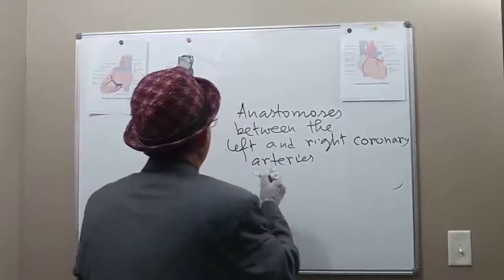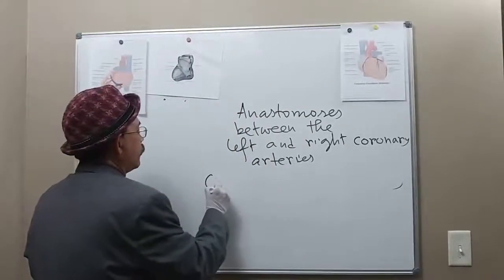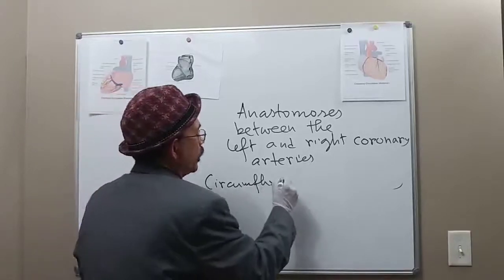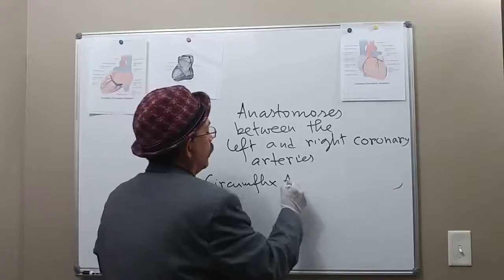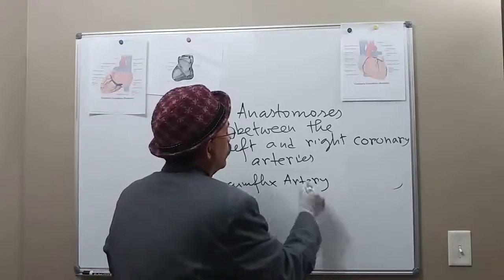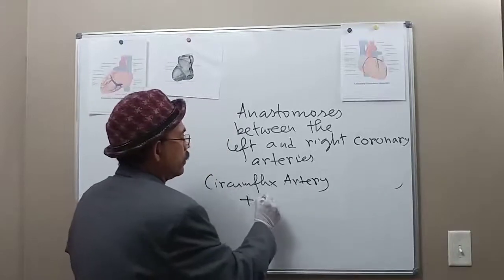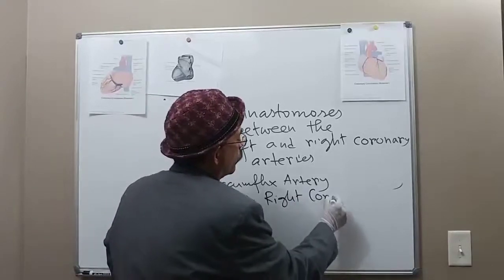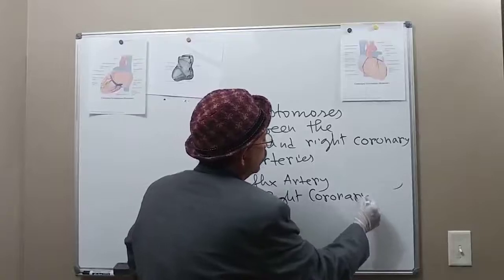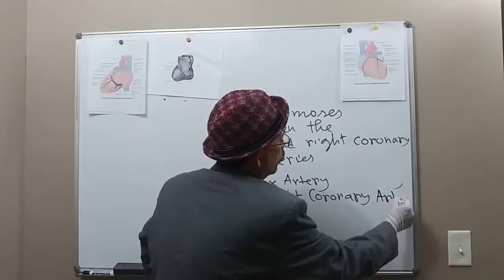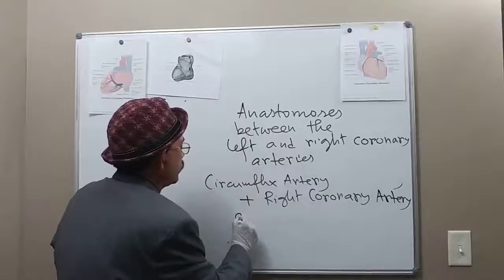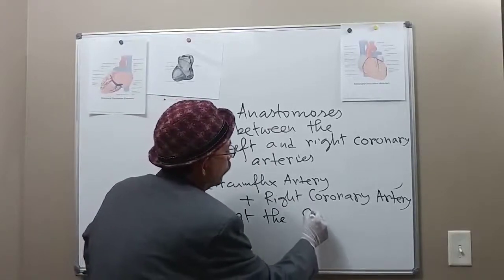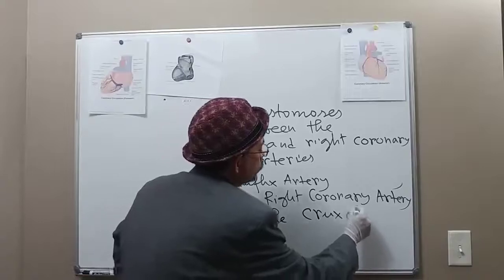So there may be anastomosis between the circumflex artery, a branch of the left coronary artery, and the right coronary artery at the crux of the heart.